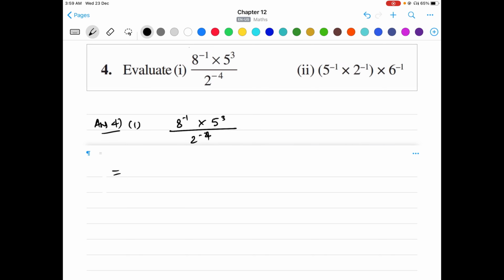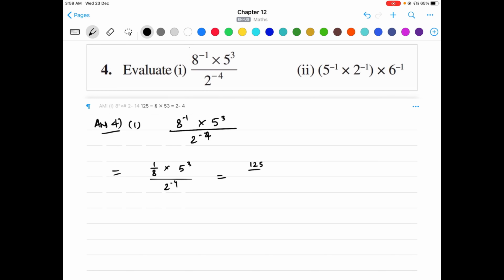Let's solve this. This 8 power minus 1 will change to 1 by 8. Then we have 5 power 3 divided by 2 power minus 4. So 5 power 3 is 125, multiplied by 1 by 8 will be 125 by 8.